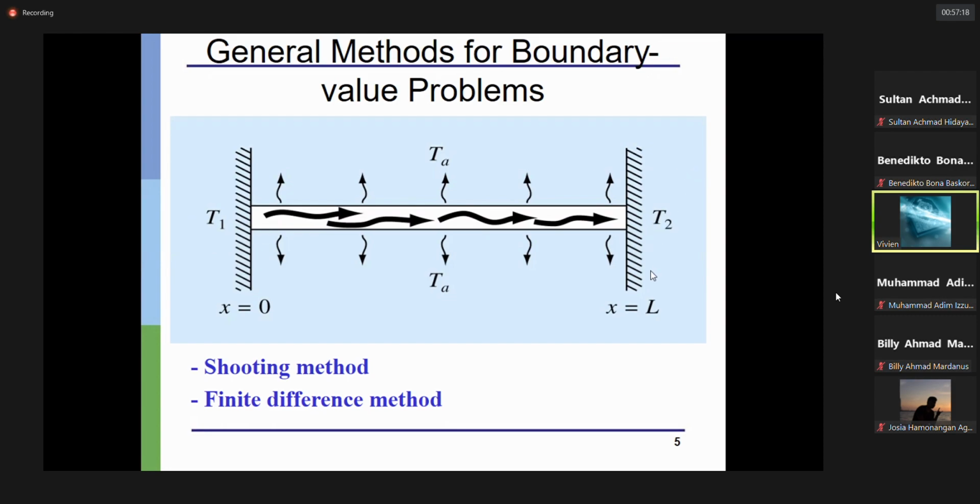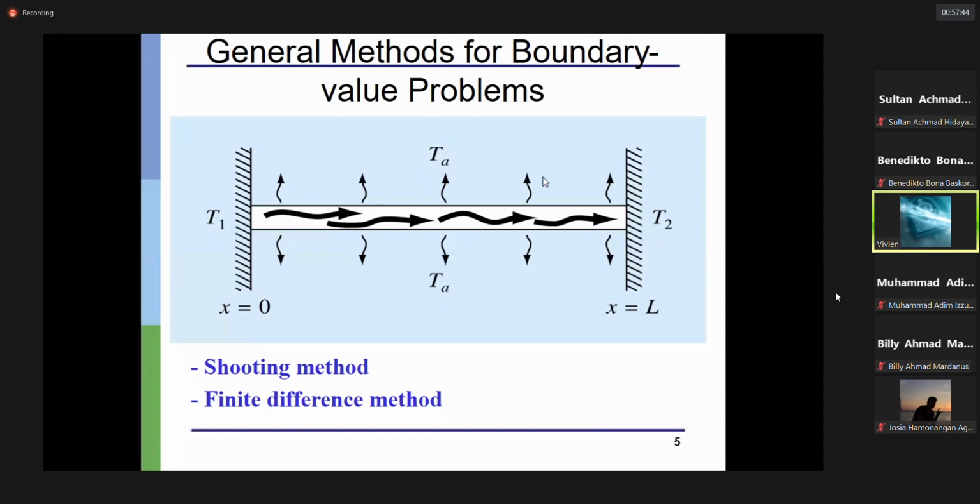The second boundary condition, at x equals L, is held at temperature T2, so because it is held at different temperatures, we will have heat conduction. In this case, we have the heat flux from T1 to T2. We also have the heat transfer to the surroundings, to the ambient temperature, which is TA.